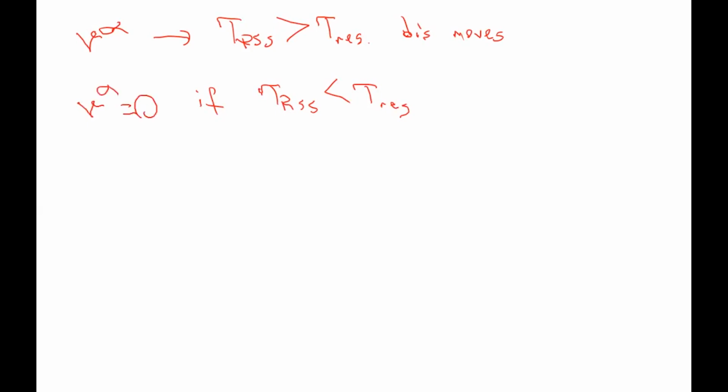But if it is greater than the lattice resistance, which is very low for FCC, maybe 5 megapascal, 10 megapascal, maybe 40 megapascal, depending on the FCC material, we have velocity. And velocity can be calculated through the Burgers vector times the shear stress at each slip system always divided by the drag coefficient.